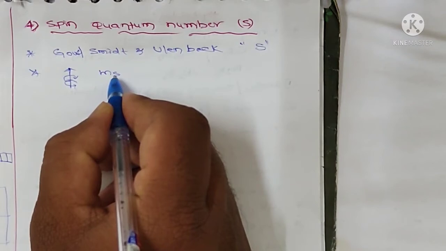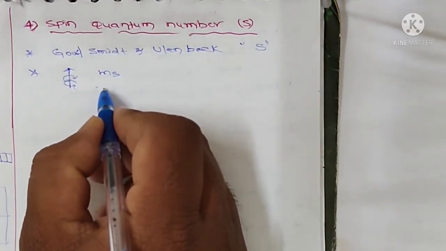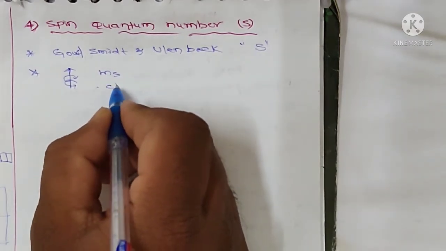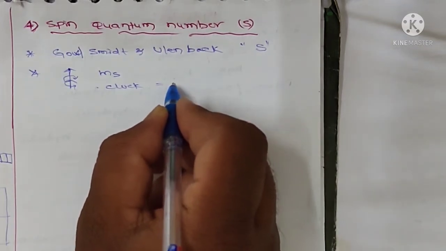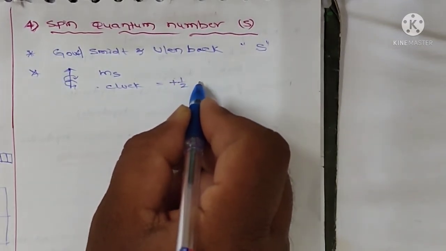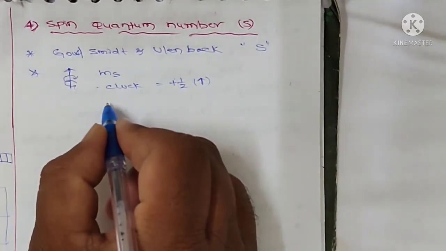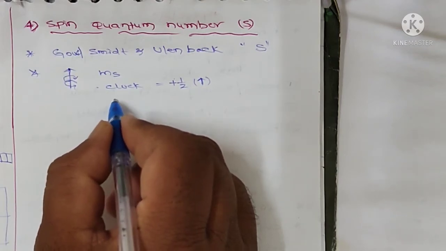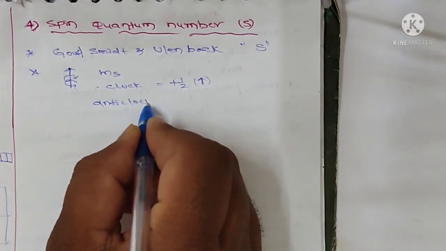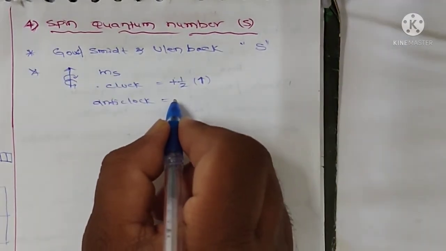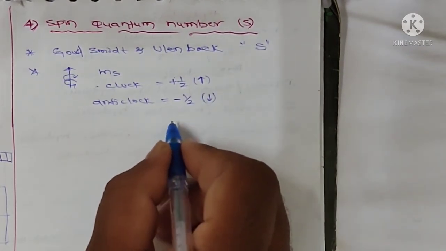And the ms values: if the electron spin is in the clockwise direction, then the ms value is plus 1/2. If the electron spin is in the anti-clockwise direction, the ms value is minus 1/2.